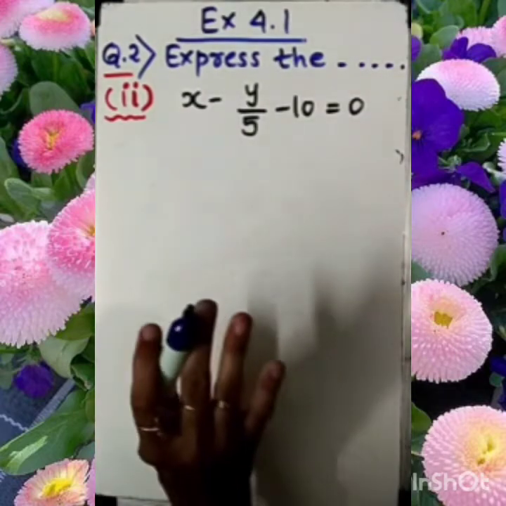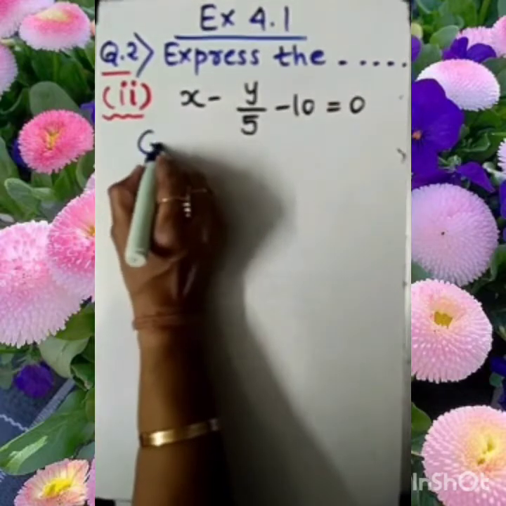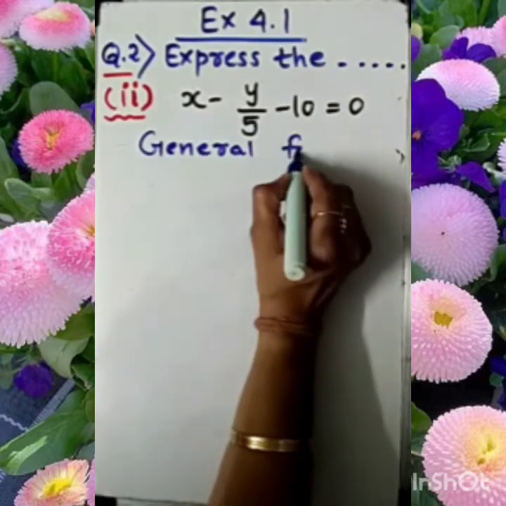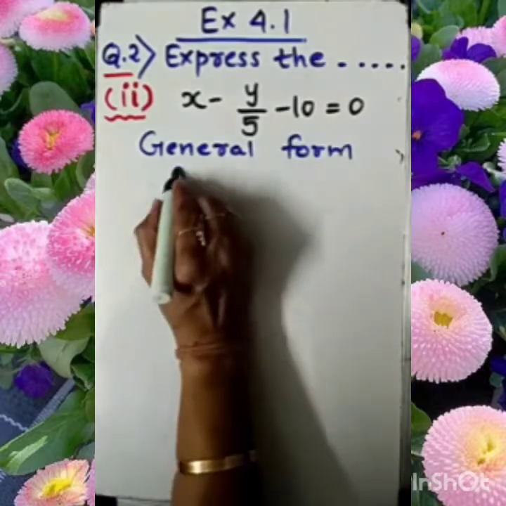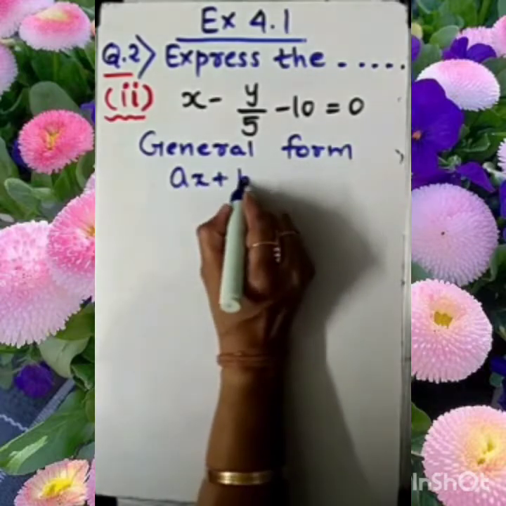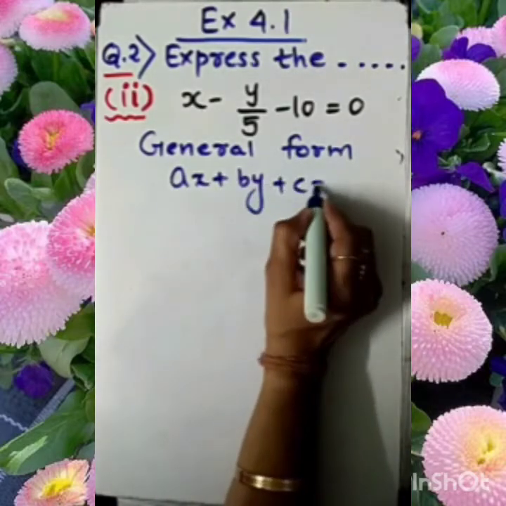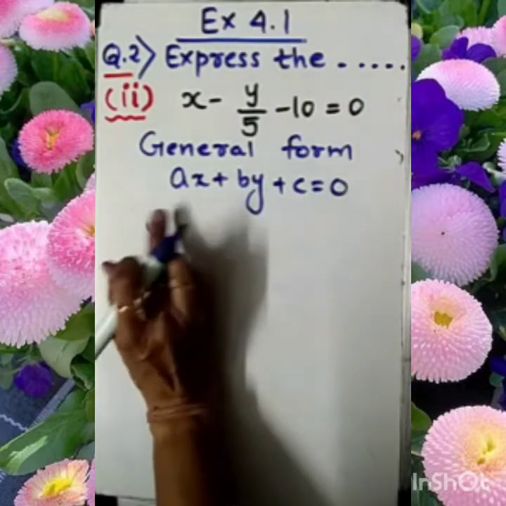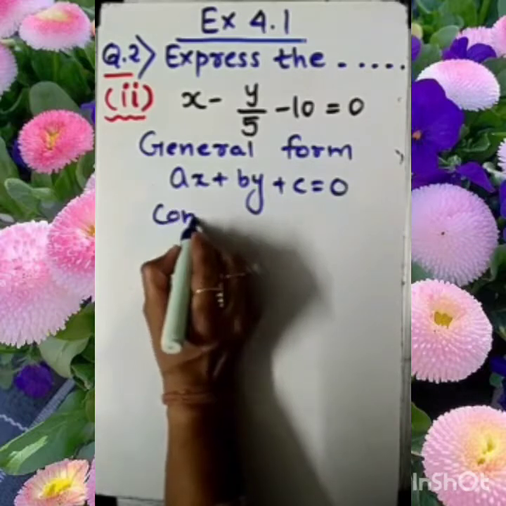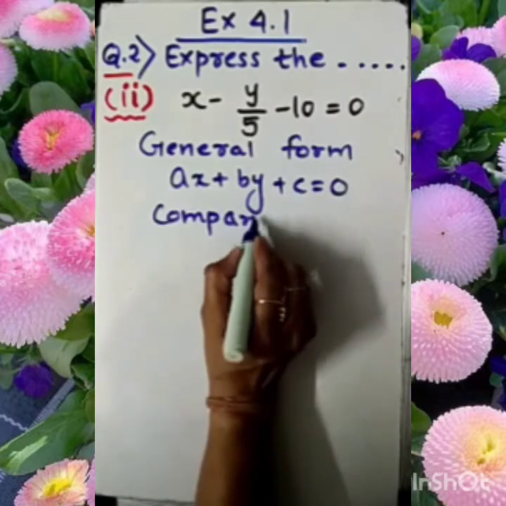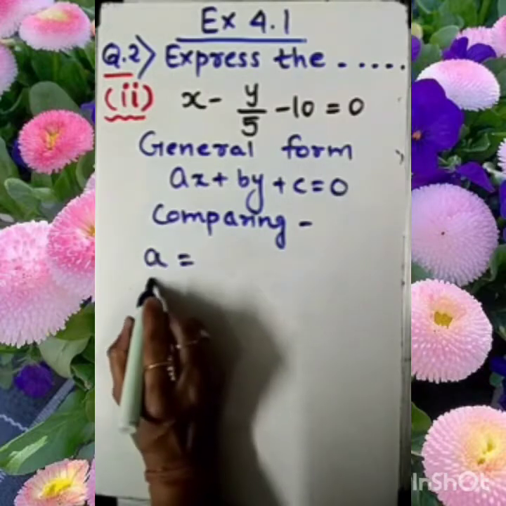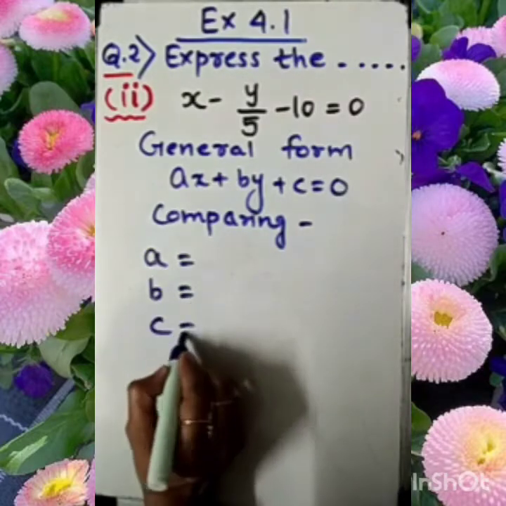So in such a case, we need to start with the general form. Let's compare with the general form ax plus by plus c equal to 0. So comparing, what will be the value of a, b and c?